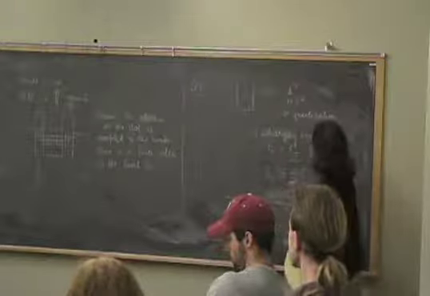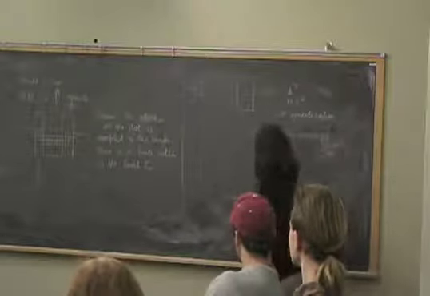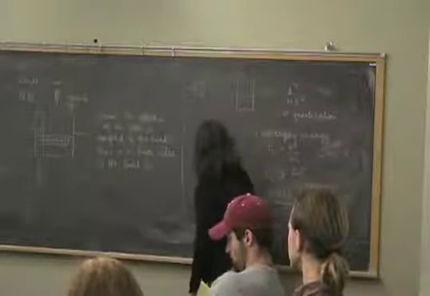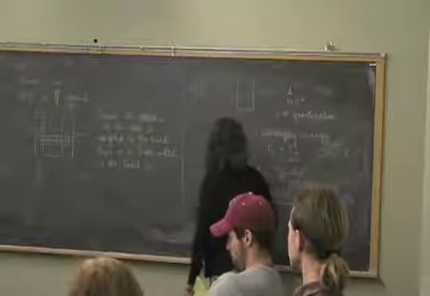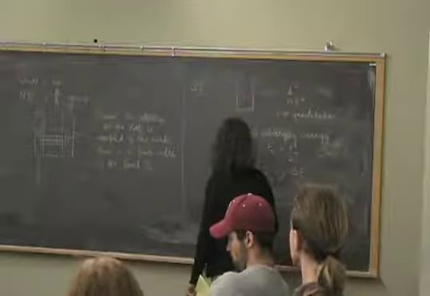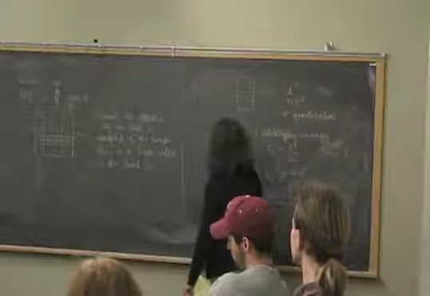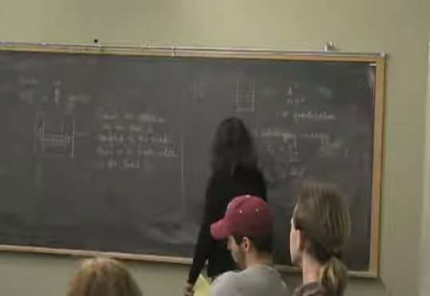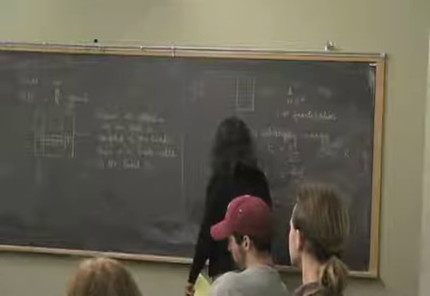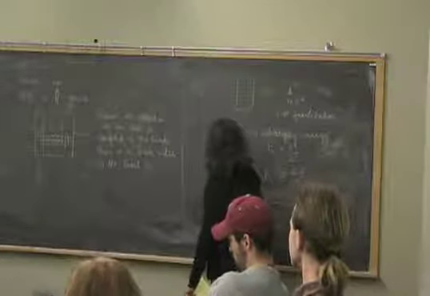So actually what I want to say is that delta E is some scale like this, which is coming from size quantization.